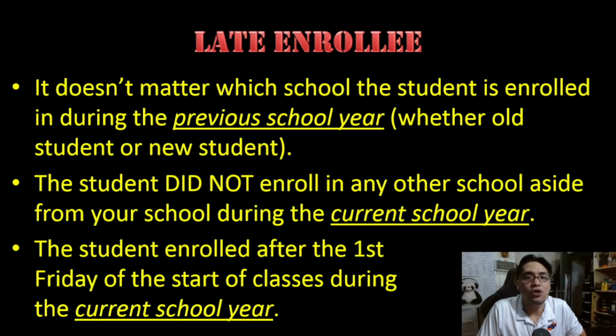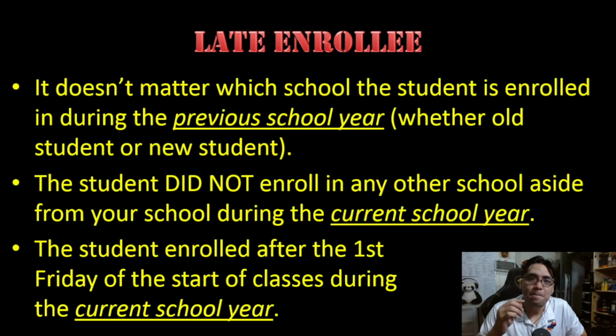So what is a late enrollee? First of all, for late enrollees, it doesn't matter which school the student enrolled in during the previous school year. So in other words, it doesn't matter whether the student is an old student or a new student. The student is a late enrollee when the student did not enroll in any school aside from your school during the current school year, but the student enrolled after the first Friday of the start of classes during the current school year.